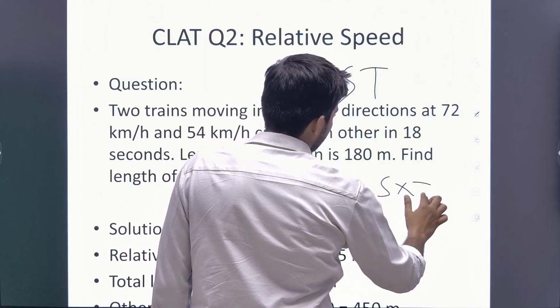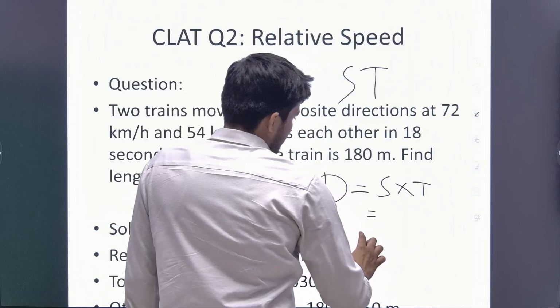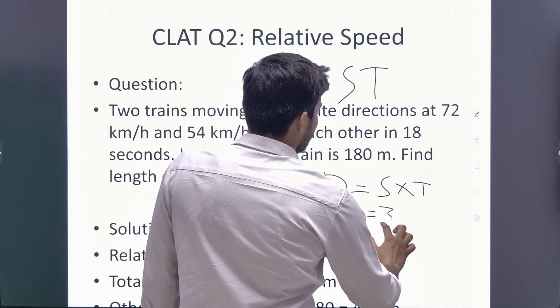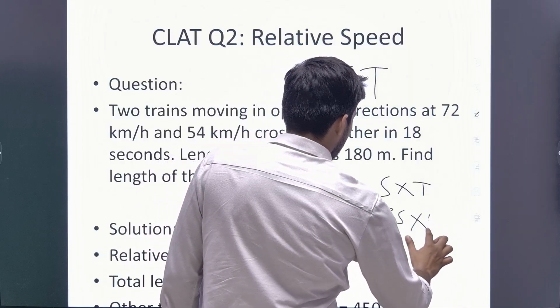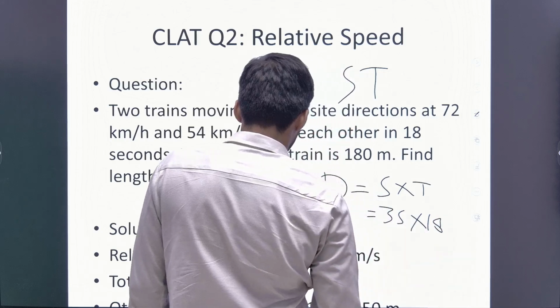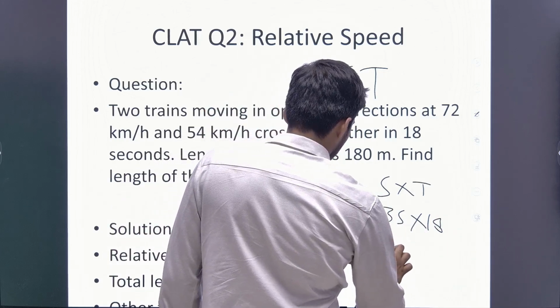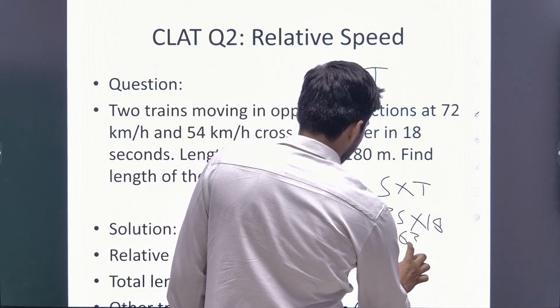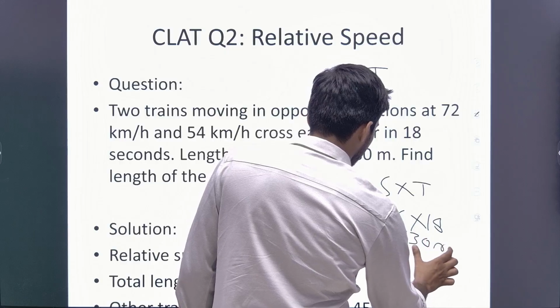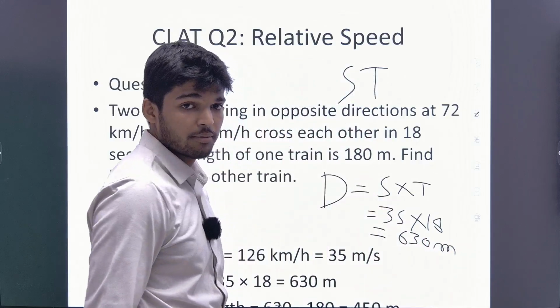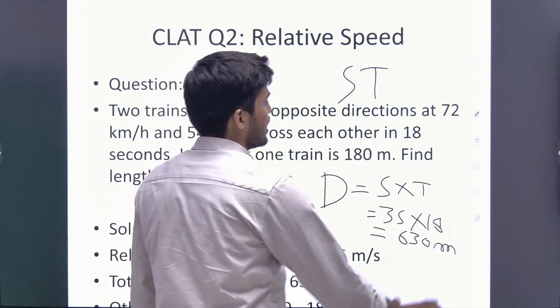Speed into time. Speed is 35, time is 18 seconds. So the length would be 630 meters. Am I correct? Yes, I am.